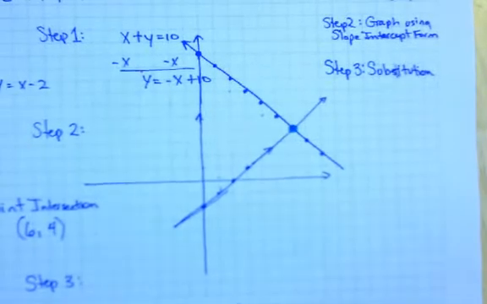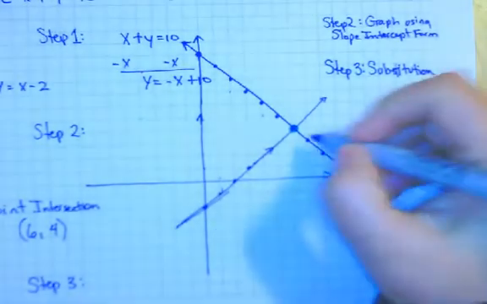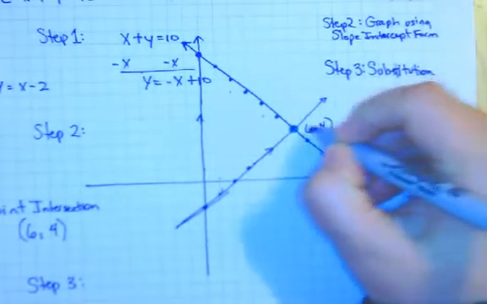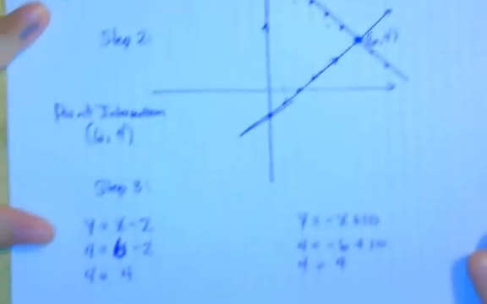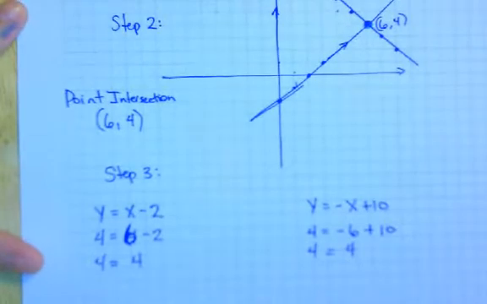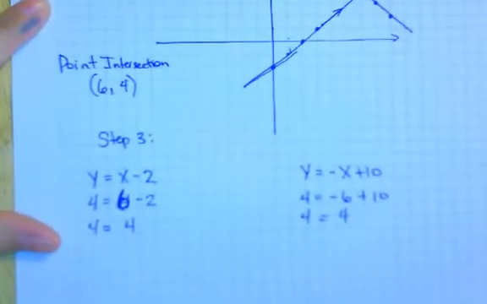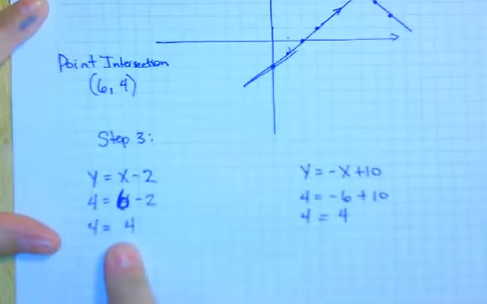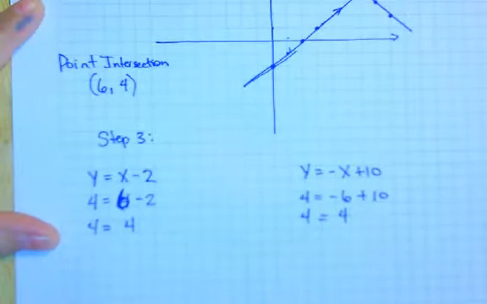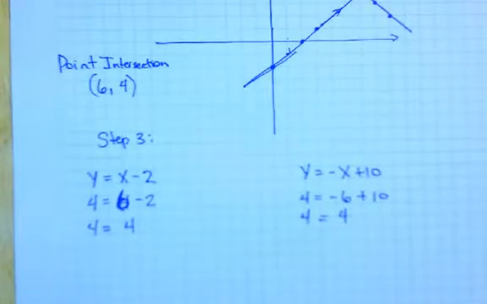After you do that, you're going to find that this is 6, 4 right here. Then once you have 6, 4, you're going to plug in. In step 3, you're going to do your substitution and find out that 6, 4 is correct because both of your substitutions are equal to 4.